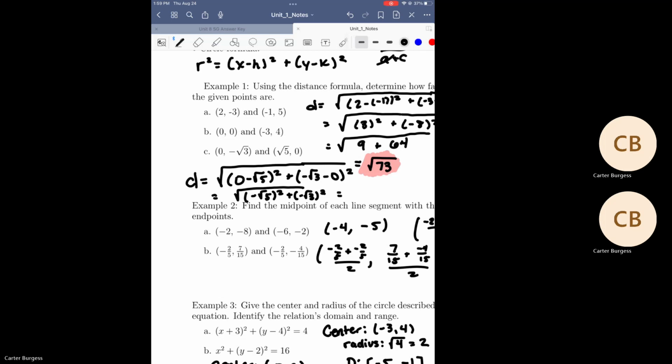And so I end up with the square root of 5 plus 3, or the square root of 8. Which is as simplified as I need you to make it. That's totally fine. Pearson might have other words. Sorry, can't really change that. But it's as simplified as I need it to be.